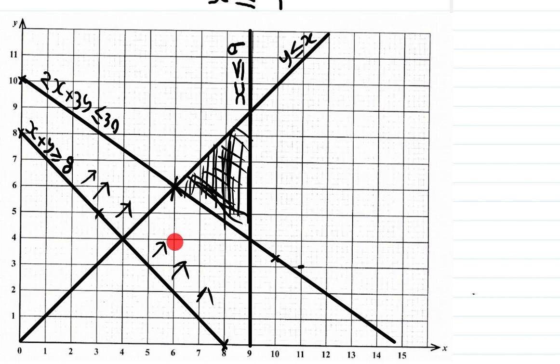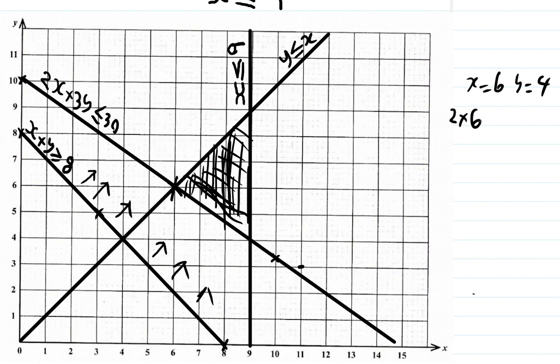Let's test this side of the line. We could test a point over here, but let's test this point: x equals 6, y equals 4. When x is 6 and y is 4, what happens?